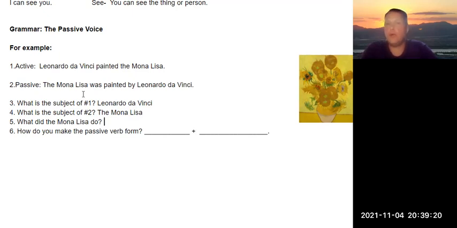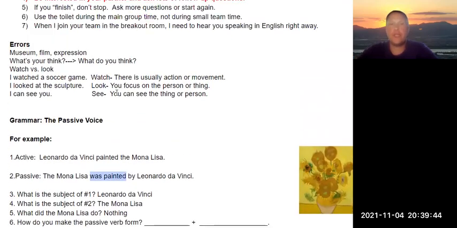So we know in number 1, Leonardo da Vinci painted the Mona Lisa. But in number 2, the Mona Lisa, that's the subject. What did she do? What did the painting do? Right, nothing. That's why this is called passive. Active means performing an action. Passive means doing nothing. So if we look at this verb, was painted, what 2 things do we have?